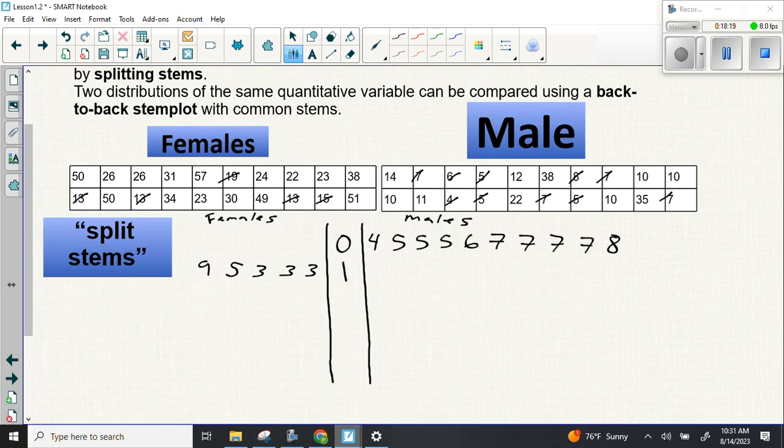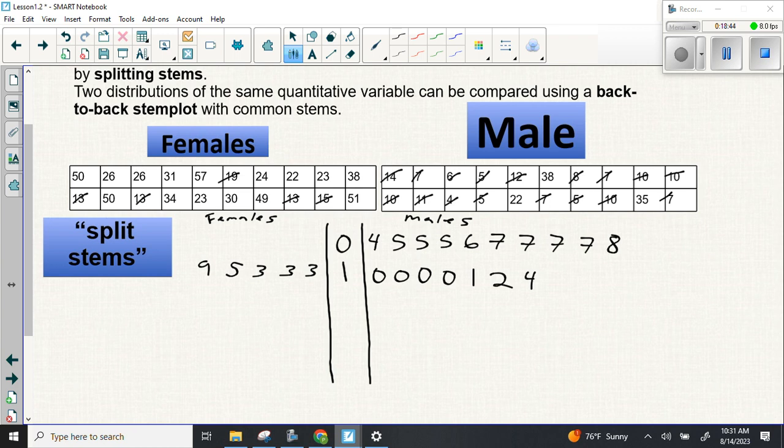And then over here we have a 0, 0, 0, 0, 1, 2, 3, no. And so on.